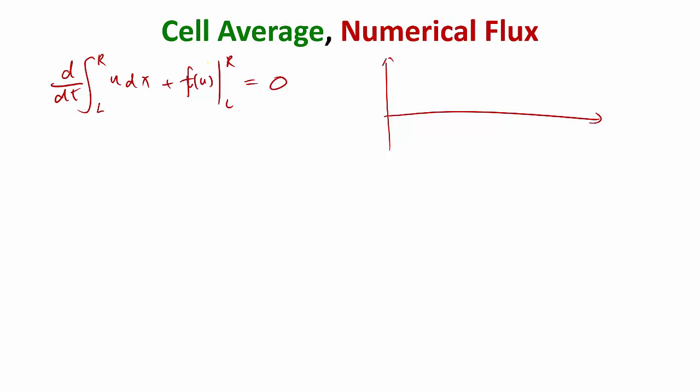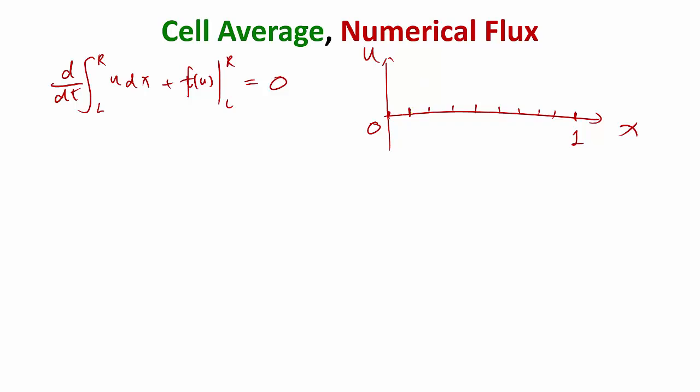It's a finite volume. So let's say this is x, this is u, and we want to solve, let's say, a domain of 0 to 1. We divide the domain into n intervals, just like what we did in finite difference. But we are going to not focus on these grid points, but focus on these volumes.